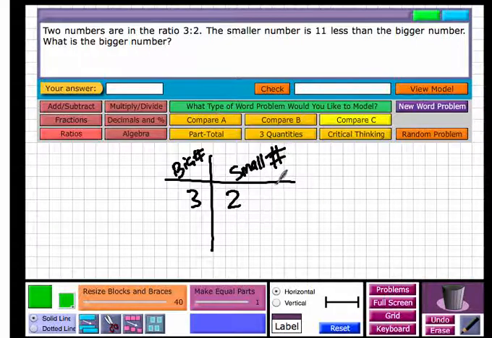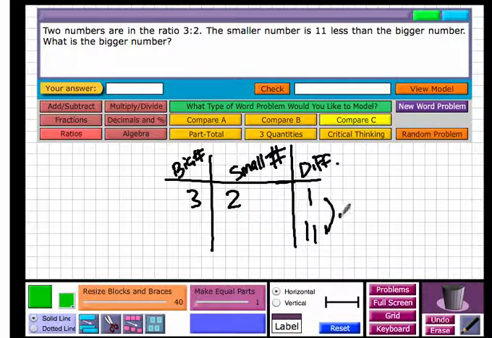The smaller number is 11 less than the bigger number. So right now, the difference is 1. What is the bigger number? Well, you can see we're multiplying by 11. So it's going to be 22 and 33. So the bigger number is 33.